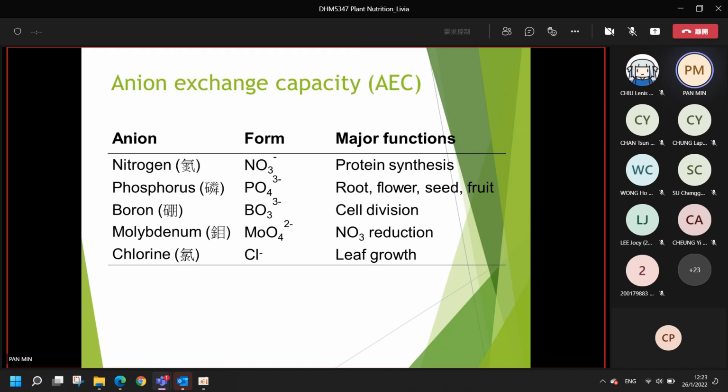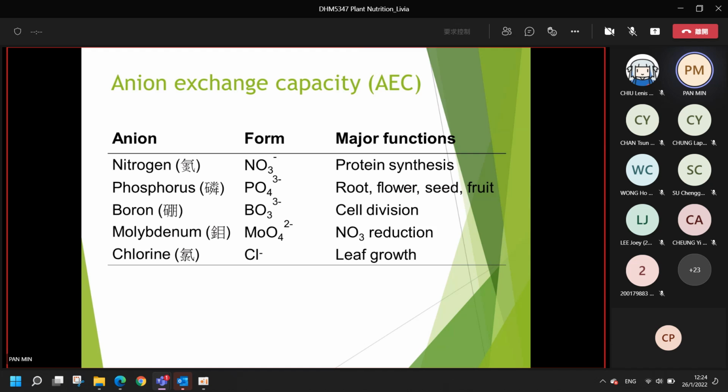It is also very important whether the soil can hold the anion exchange for these nutrient ions. Nitrogen in the anion form is also important for protein assimilation. It relates to nitrogen fixation, nitrogen transportation, and assimilation that can help protein synthesis in the plant.